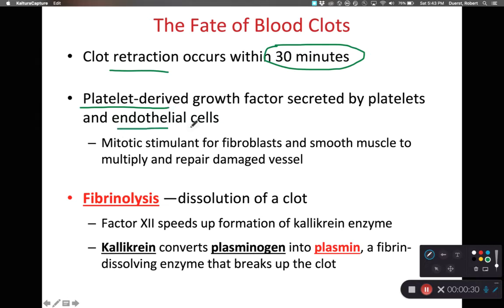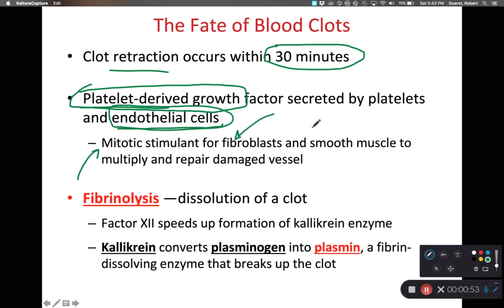And the endothelial cells, the cells that line the blood vessels. We also find that this platelet-derived growth factor serves as a mitotic stimulant. So when platelets clot together, they stimulate a chemical that causes the endothelial cells to start to reproduce, and that's going to cause there to be fibroblast activity and smooth muscle activity as well to help repair the damaged blood vessel.